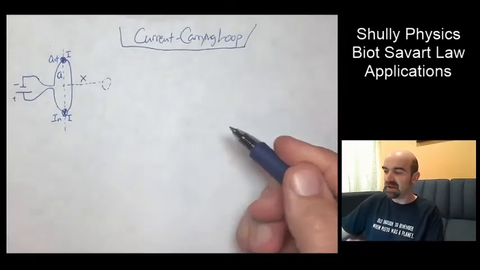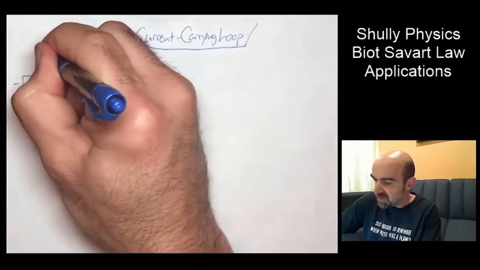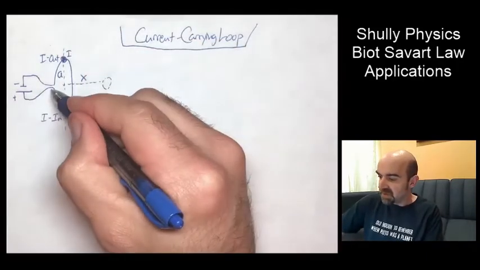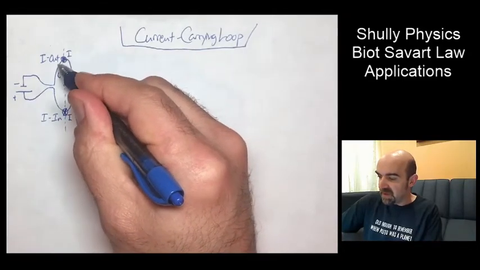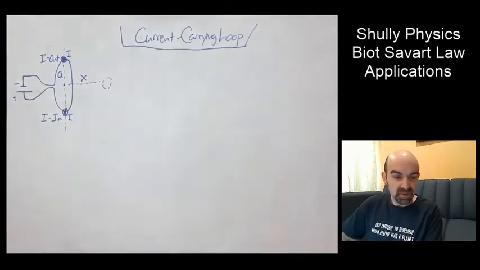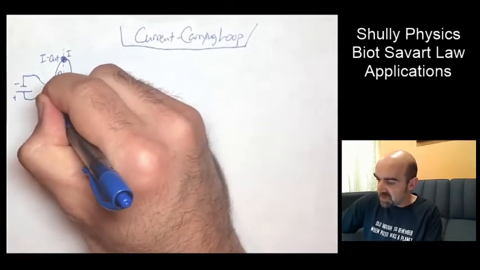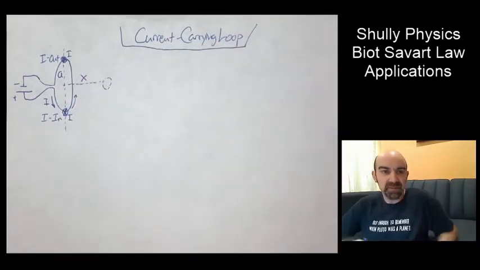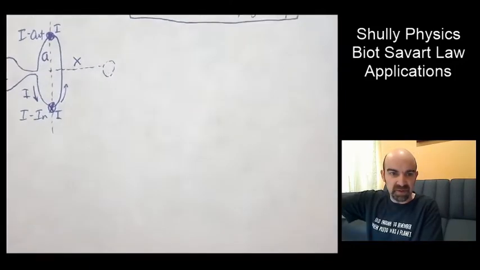Just so you can see that direction, I'll say the current is in and the current is out. So we have the flow going into the page here, traveling up and coming out and back to the battery over there. So here's the direction of our current and our flow. I hope that's good enough for that perspective.